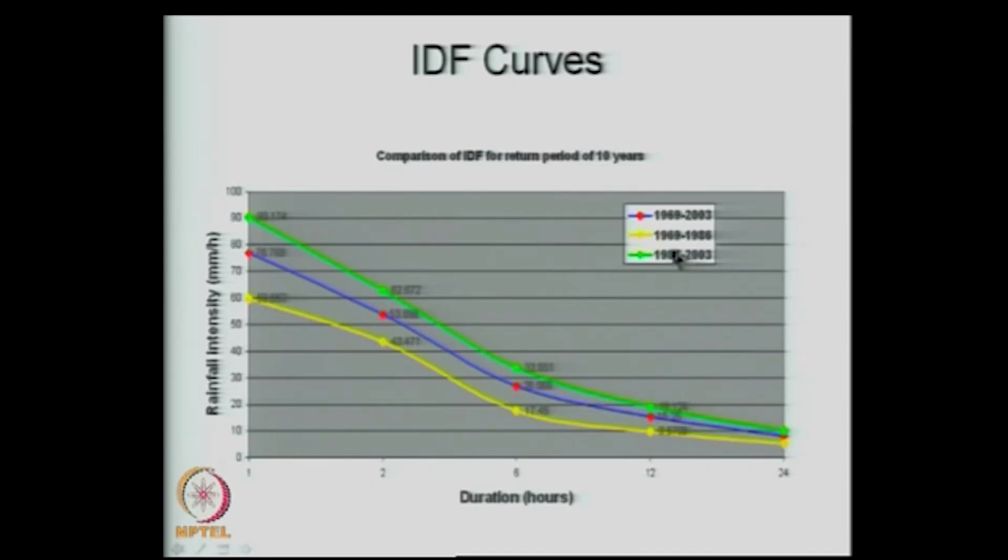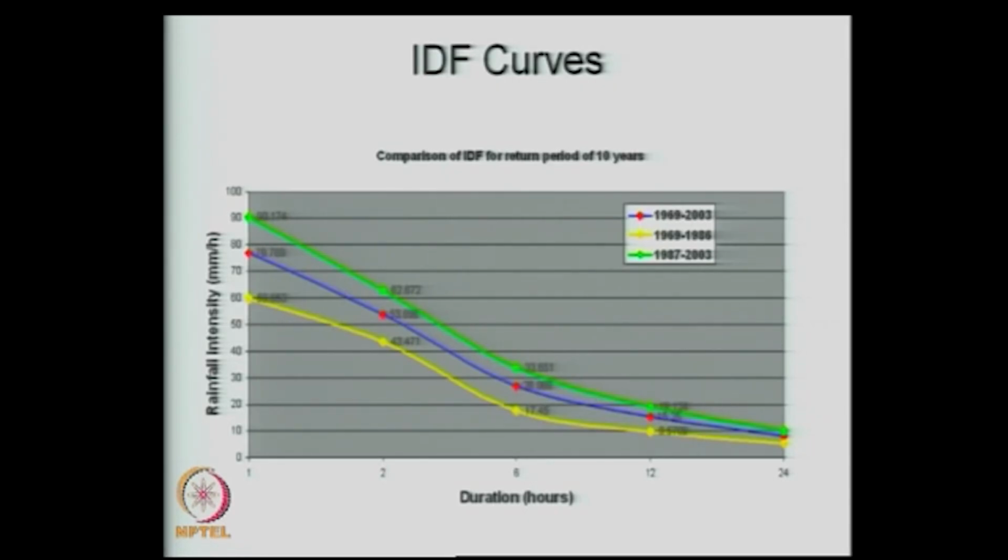And if you consider the entire series, this is how we obtained it earlier. For example, for a 2 hour duration you have got approximately 53.9 millimeters per hour. This indicates that, at least from this limited analysis, as time progresses the intensities appear to be increasing for the same given duration.